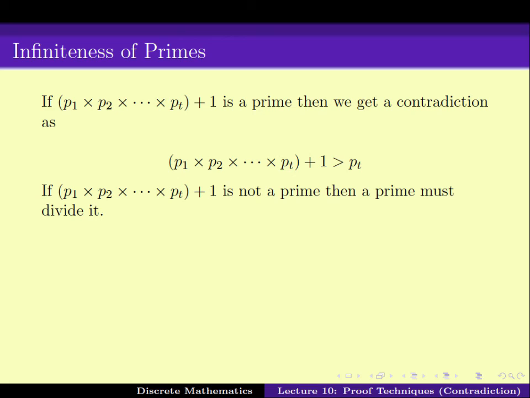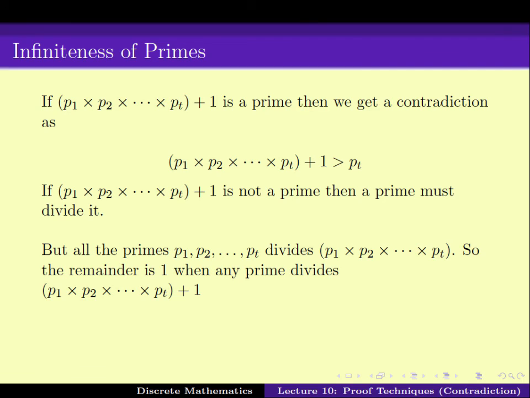Now if the product plus 1 is not a prime, then by the definition of a prime, something must be dividing it. And when something divides it, we have looked at this proof earlier, that if some integer divides another integer, then there must be a prime that divides the other integer.